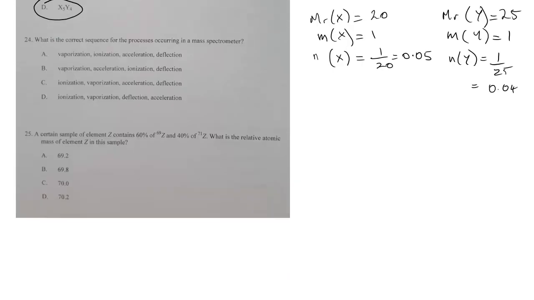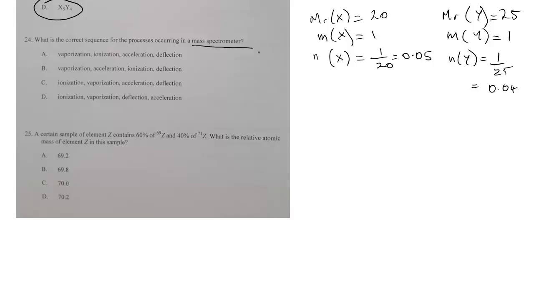Question 24. Which one of the following sequences is the correct sequence for the process in a mass spectrometer? So in a mass spectrometer, remember that first you've got the vaporization stage, then the vapor is bombarded by high-speed electrons, which means the substance is turned into an ion.